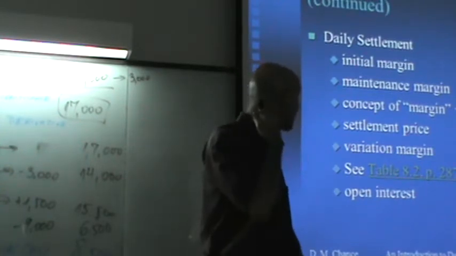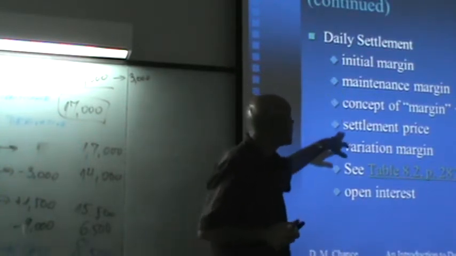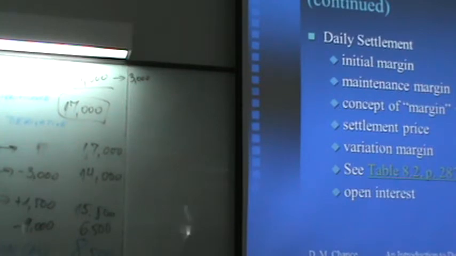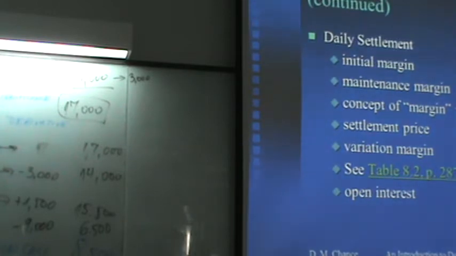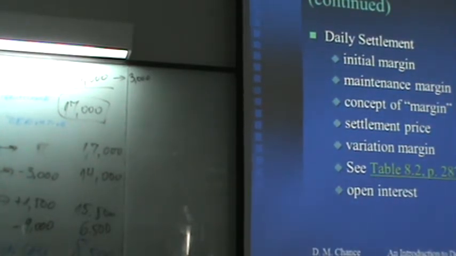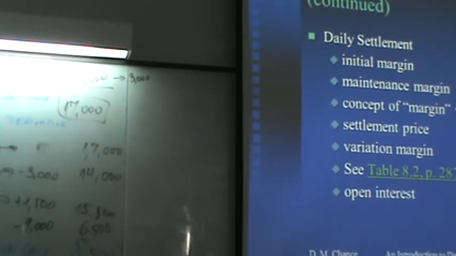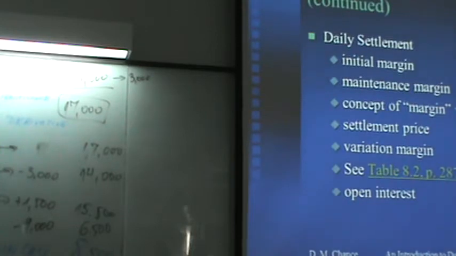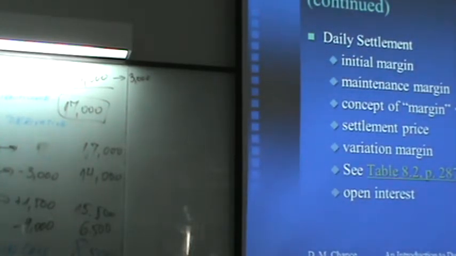Okay. So, next concept is settlement price. You should not confuse settlement price with last price. Last price is simply whatever traded last on the day. If the market closes at 4 o'clock p.m., the last trade may be at 3:52, 3:57, or even 10 o'clock in the morning.